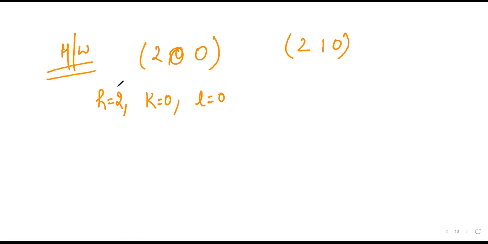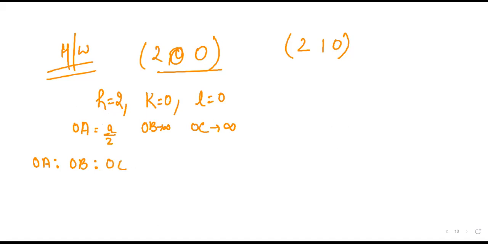Okay, now the (2,0,0) plane. Here h is equal to 2, k is equal to 0, and l is equal to 0. Now here OA approaches a by 2, and similarly OB approaches infinity, and OC approaches infinity. So the OA, OB, OC ratio will be equal to the A over H ratio, B over K ratio, C over L ratio.